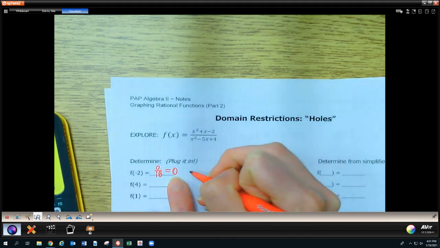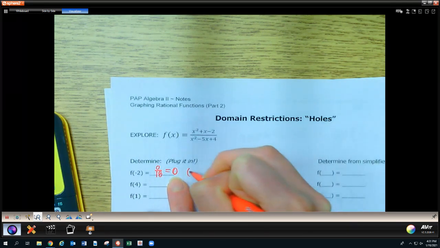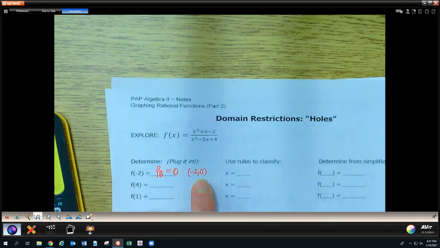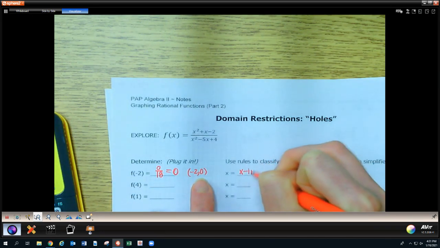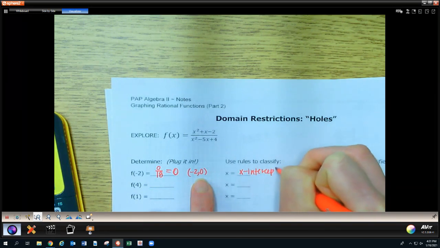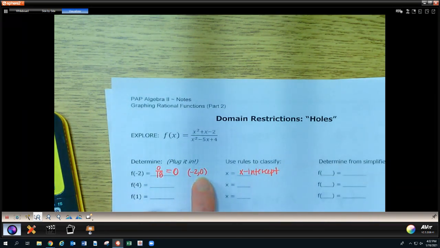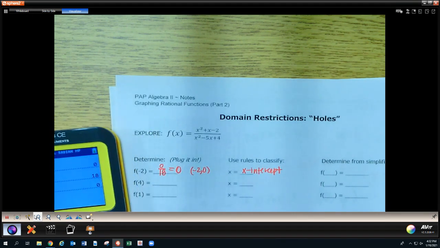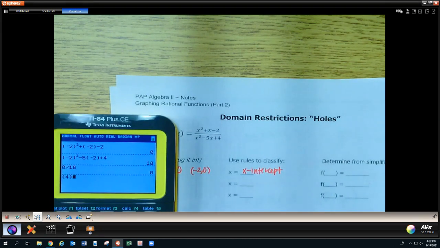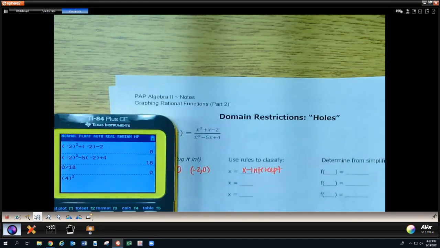That means we have the point (-2, 0) on our graph, and we recognize that as an x-intercept. If we plug in 4, as it's asking us to do, the top becomes 4 squared plus 4 minus 2, which is 18.